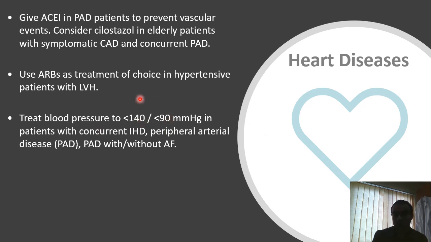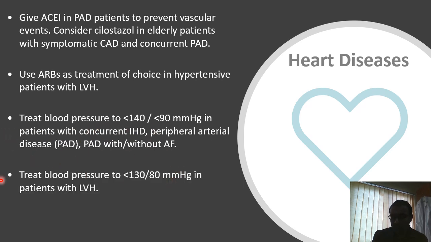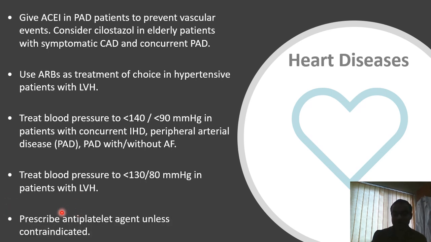Getting the blood pressure below 140/90 is advised in this patient group, while going a bit lower, less than 130/80, is advised for patients with left ventricular hypertrophy. And antiplatelet also should be there in these patients unless there is a clear contraindication.